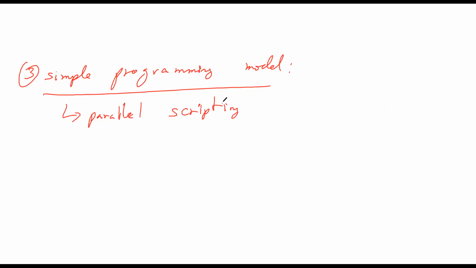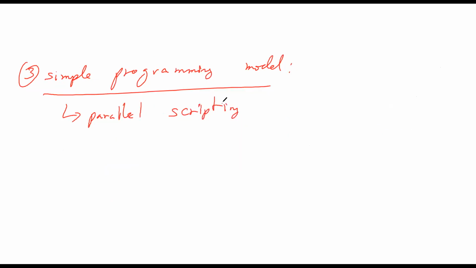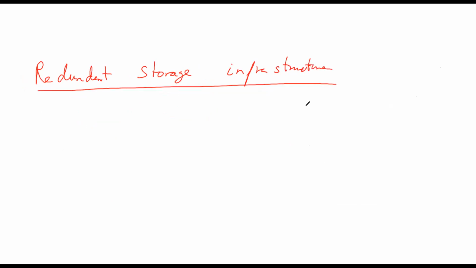The last part of this is going back to this idea of storing the data, right? So that actually creates the requirement for a redundant storage infrastructure. So remember the example, we have all these nodes, right?